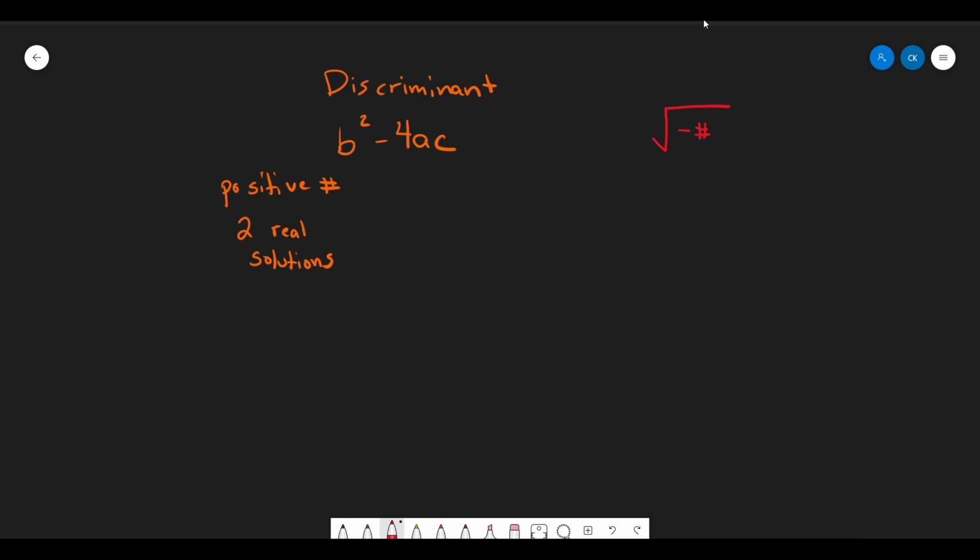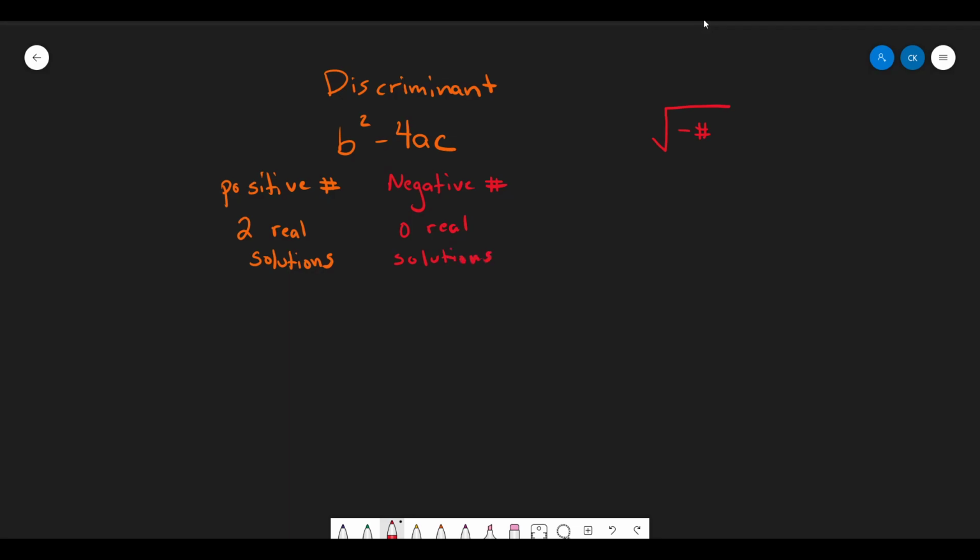Eventually, you will find a way to take the square root of a negative number, but you'll talk more about that in Algebra 2. So for right now, no. We have no way of taking the square root of a negative number. So if you get a negative number, any negative number, you have zero real solutions.